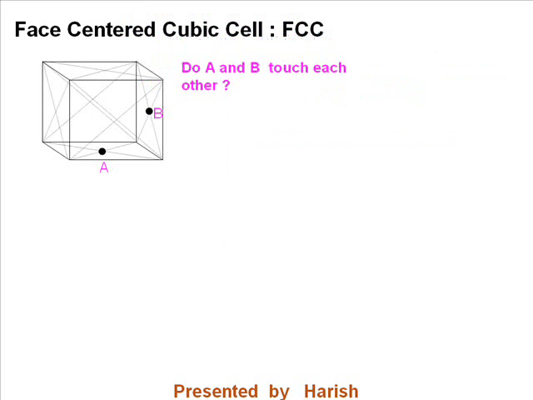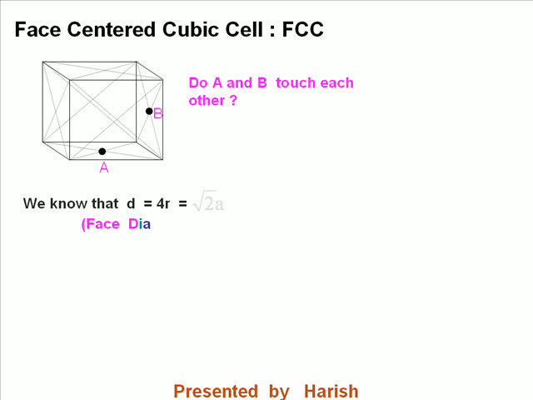So let's see how far A and B are. Do A and B touch each other? That is the point. What is A and B? A and B are the atoms which are at the centers of the adjacent faces. We know that D is equal to 4R, that is root 2 A. Just now we got it from the face diagonal.